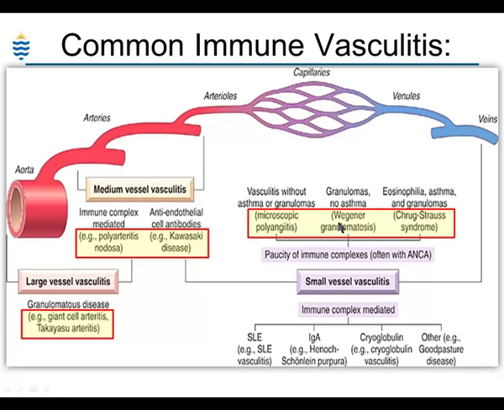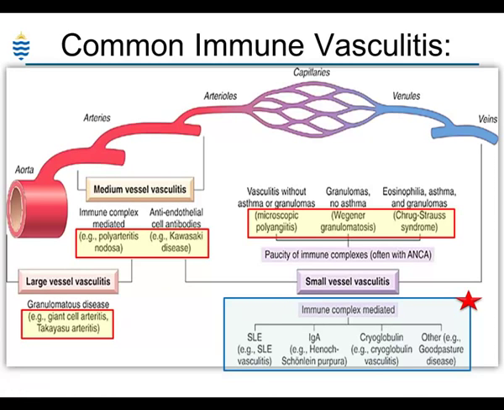Probably that's enough, or probably just Wegener's. Autoimmune vasculitis, in many conditions, clinically most common: SLE, IgA nephropathy, Henoch-Schönlein purpura, cryoglobulinemia, Goodpasture's disease, so many can cause small vessel vasculitis.